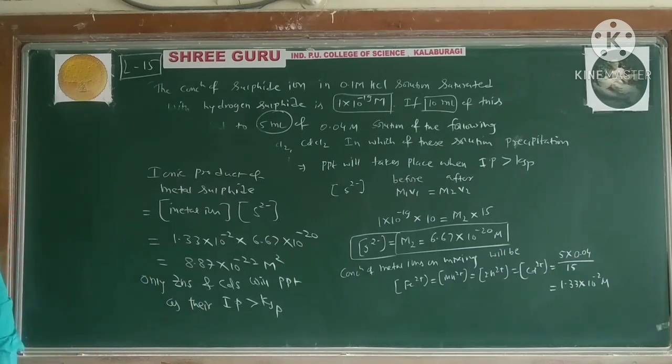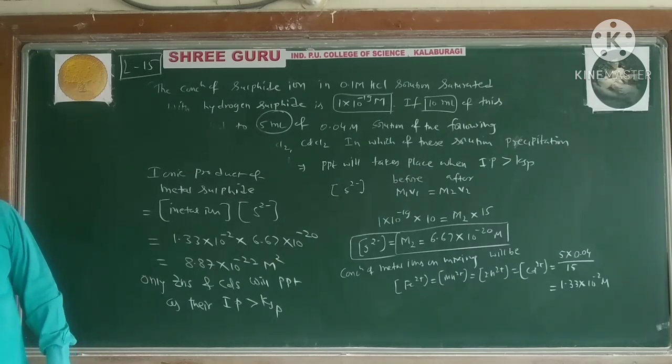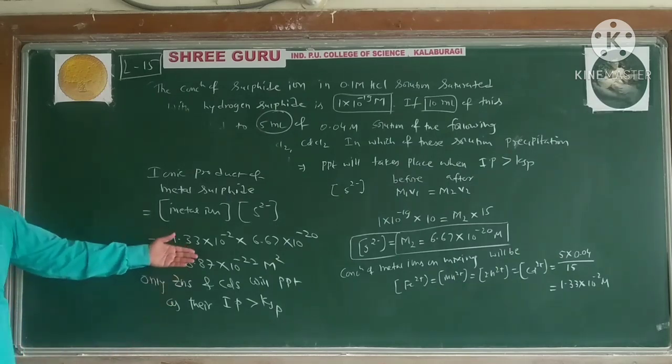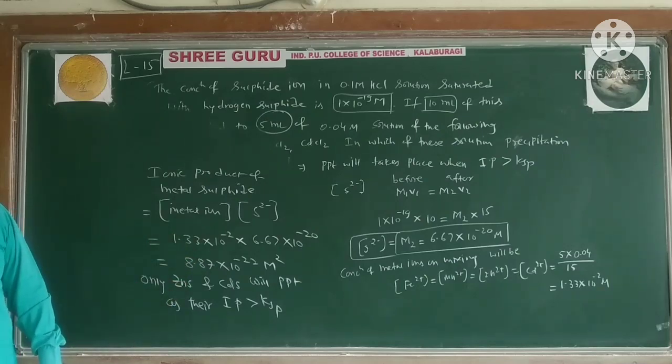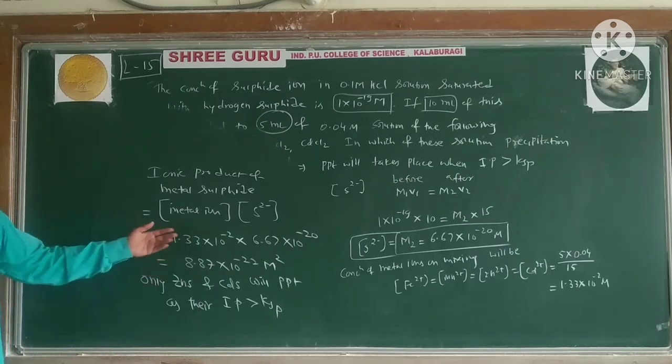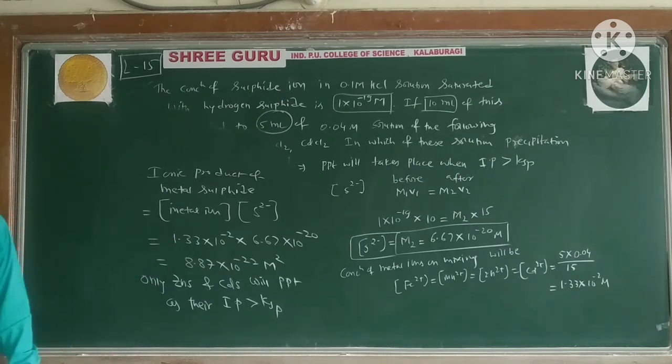MnS is 2.5 into 10 raised to minus 13. That is also not equal to ionic product. But zinc sulfide and cadmium sulfide, their solubility product is lower. How much? Zinc sulfide is 10 raised to minus 24, which is less than 10 raised to minus 22. And cadmium sulfide is 10 raised to minus 27, which is less than 10 raised to minus 22. And that's why it will be precipitated.